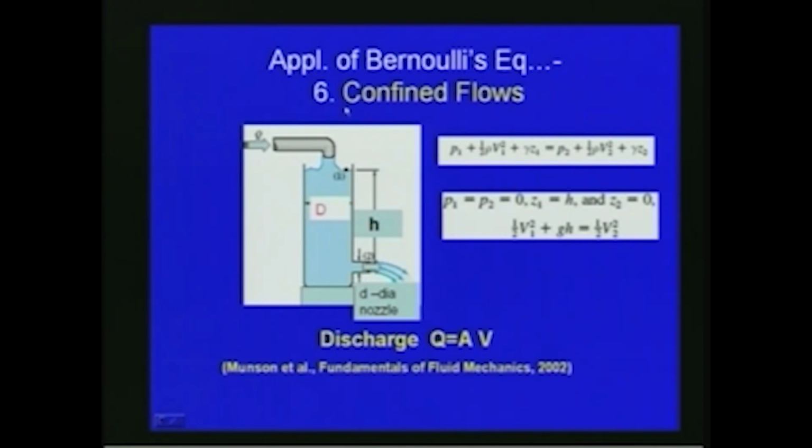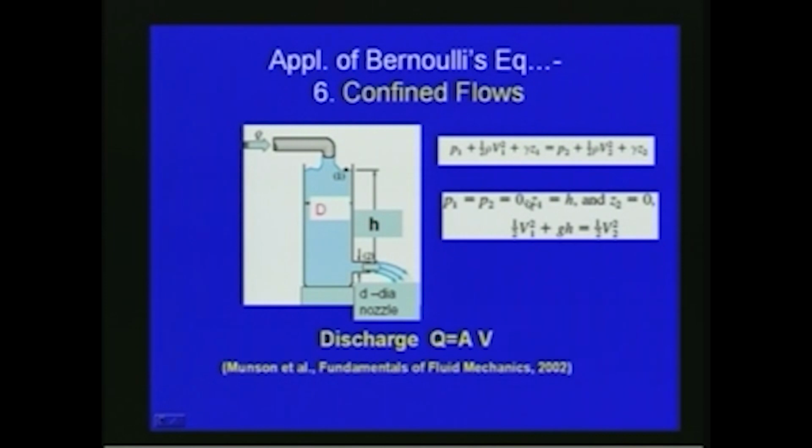If you want to find the discharge or the velocity of flow at section 2 for this confined flow, again we can use Bernoulli's equation between section 1 and section 2. When we apply it, we can write P1 plus half rho V1 square plus gamma Z1 is equal to P2 plus half rho V2 square plus gamma Z2. Here you can see this is open to the atmosphere, so P1 is equal to, and here also open to the atmosphere.